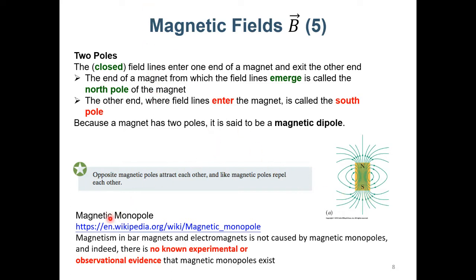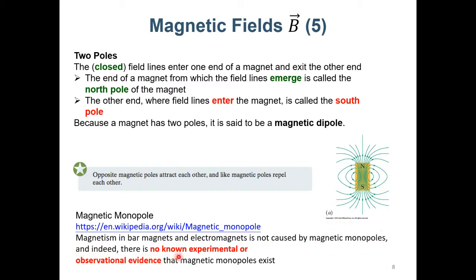As you can see here, in Wikipedia there is a tab called magnetic monopole. Magnetism in bar magnets and electromagnets is not caused by magnetic monopoles.